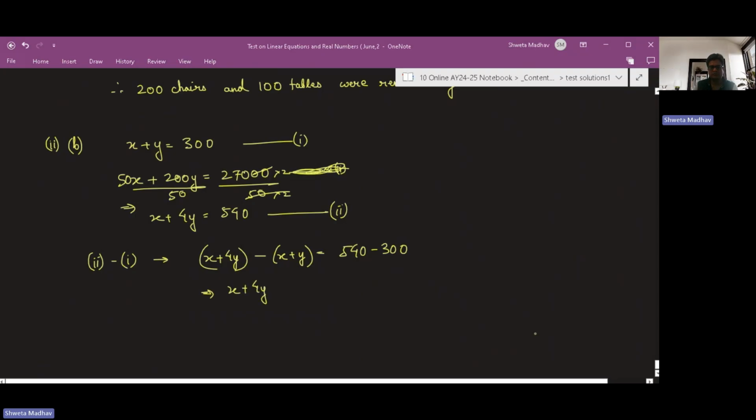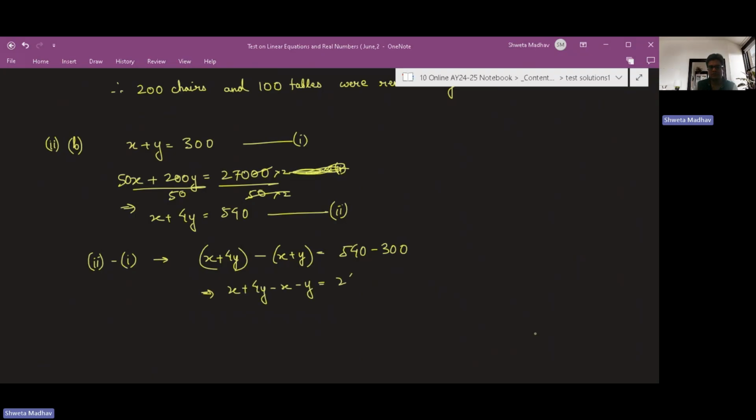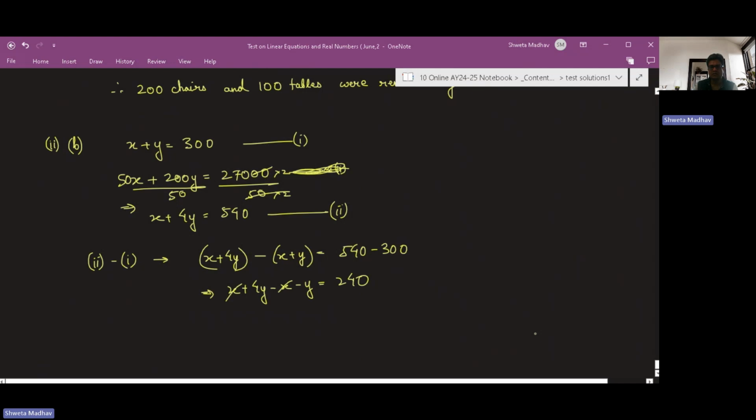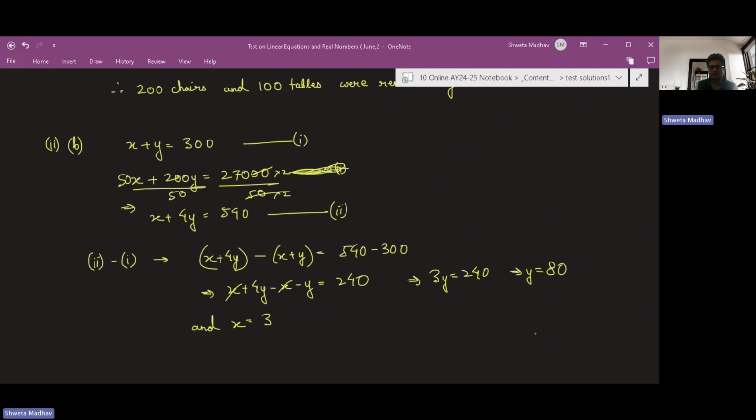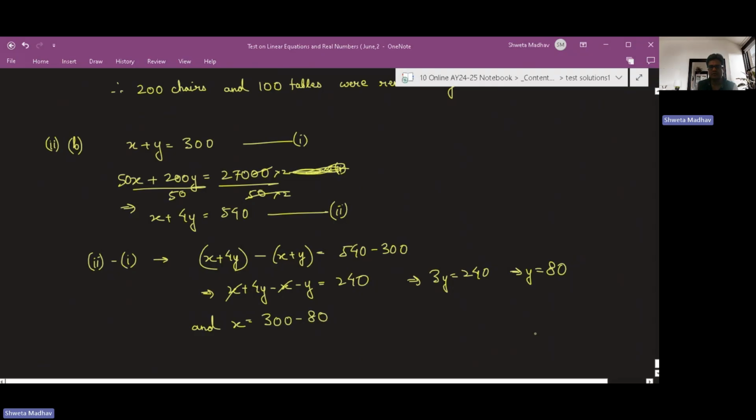So 3Y equals 240. So Y will be equal to 80. And so X will be equal to 300 minus 80, which is 220.